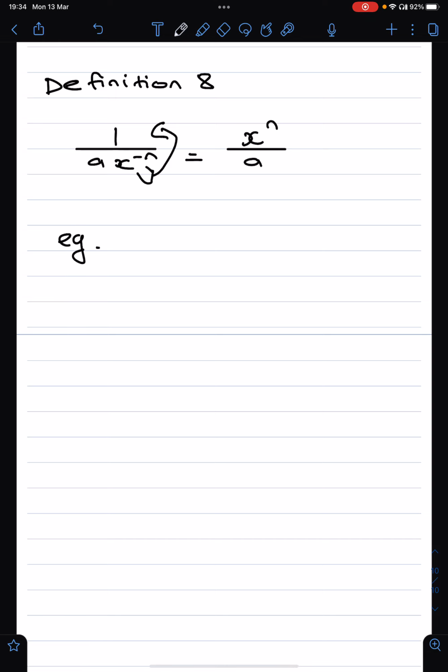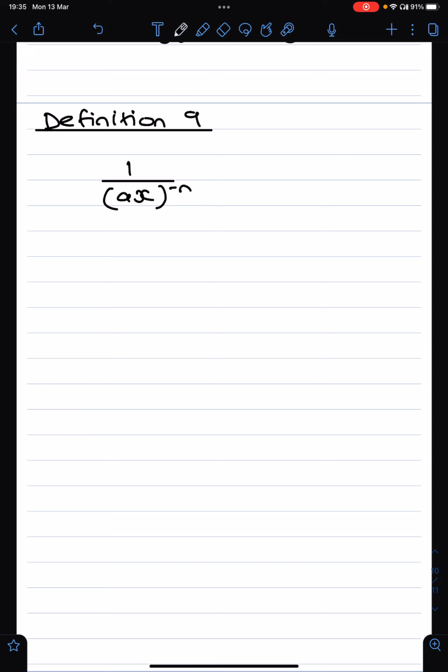So an example would be if I had 1 over 3x to the negative 5. Then my solution would be x to the 5 over 3.